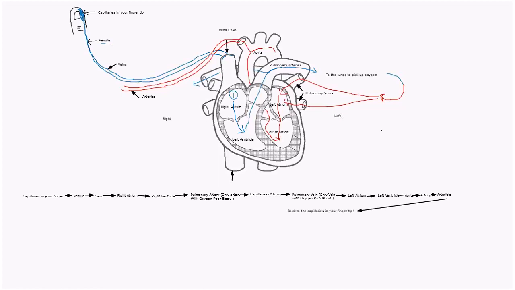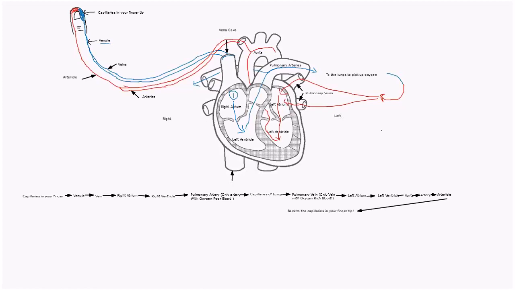As it continues, these blood vessels are going to get smaller and smaller until we have something called arterioles. So it gets smaller until we're back into capillaries.